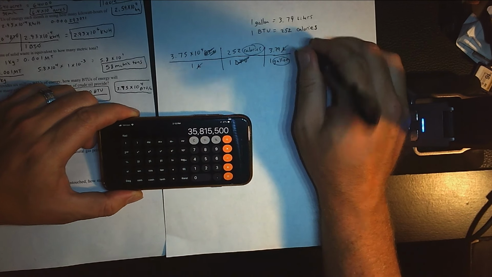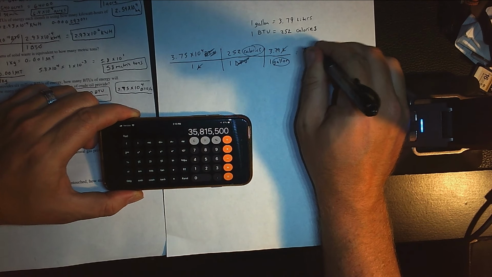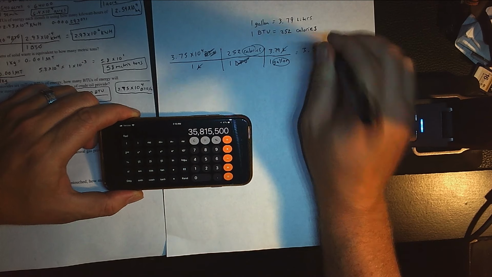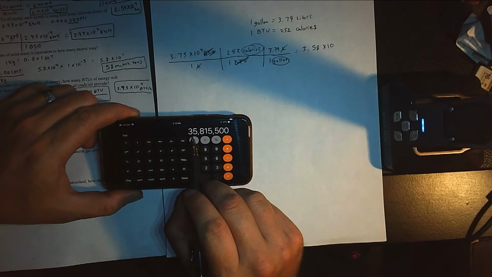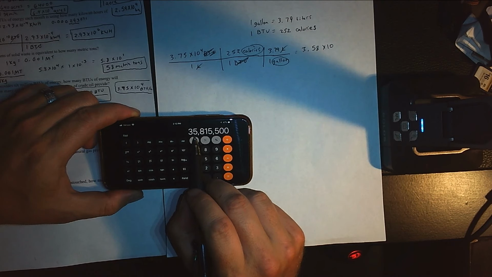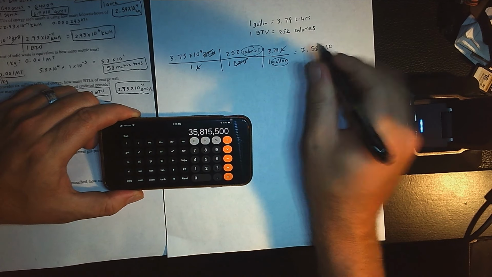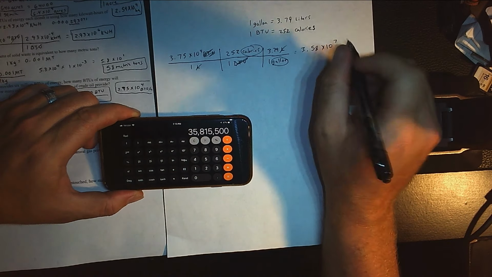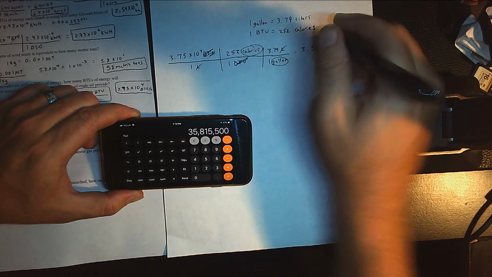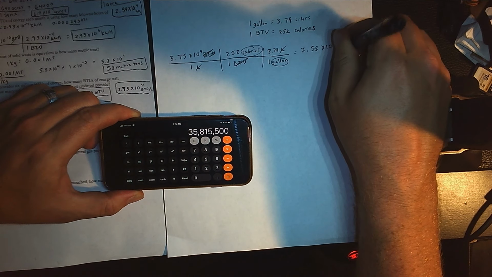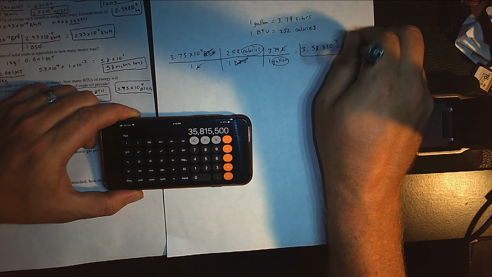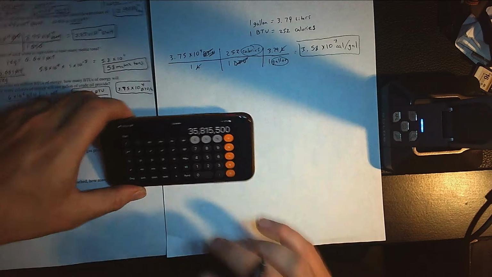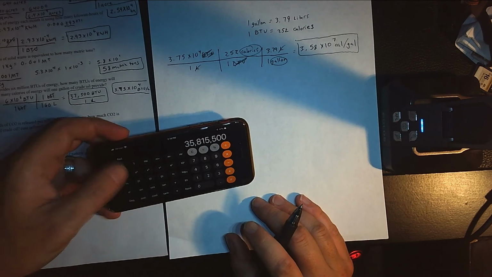This is the same thing as 3.58 times 10 to the 7th power. So we move our decimal all the way back so that it's only a number between 1 and 10. And our unit here would be calories per gallon. So calories is CAL per gallon. All right, and there's the second part to number 16.